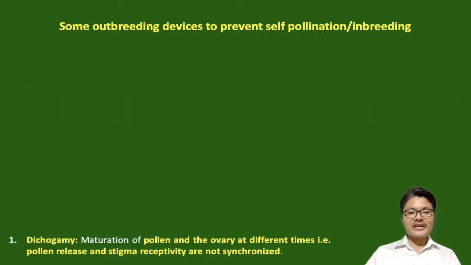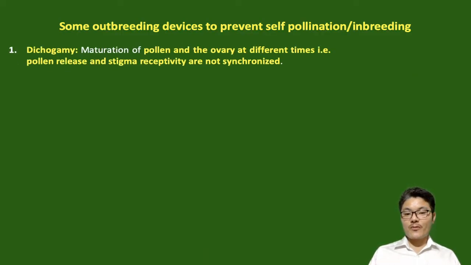The first outbreeding device which is used for preventing self-pollination or inbreeding is dichogamy. Di here refers to two. Dichogamy, gamy here refers to fusion. In dichogamy, usually pollen grain maturation and maturation of ovary occur at different times.